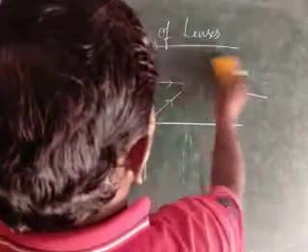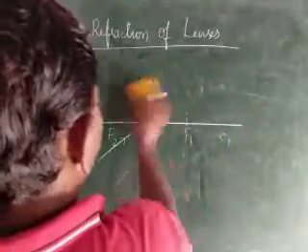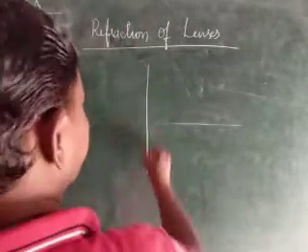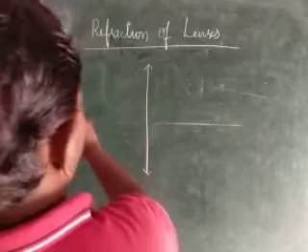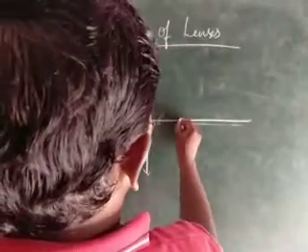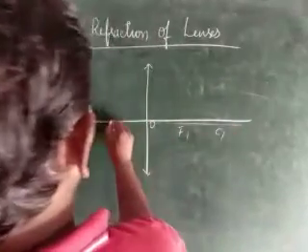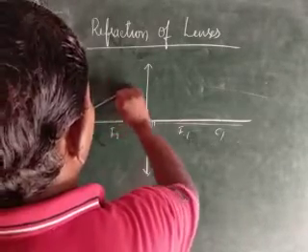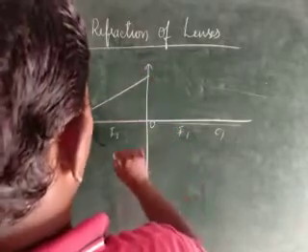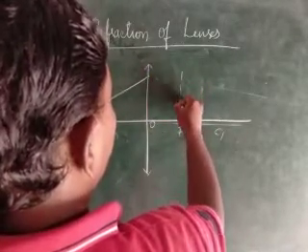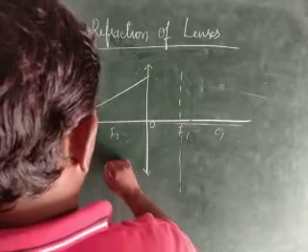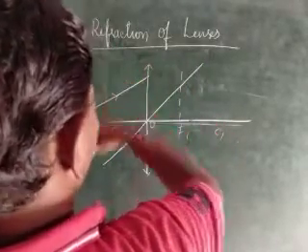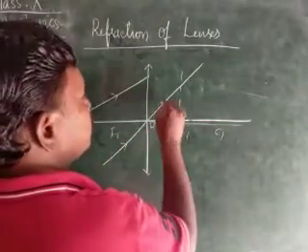Once again, you should draw a perpendicular line, and the ray through the optic center is undeviated.